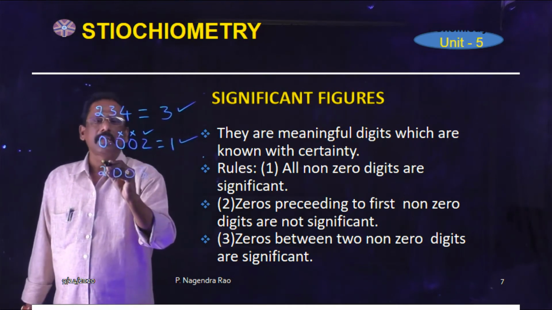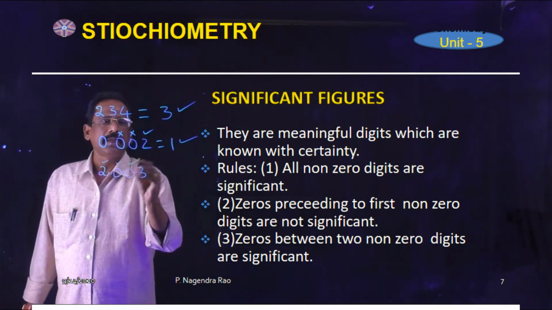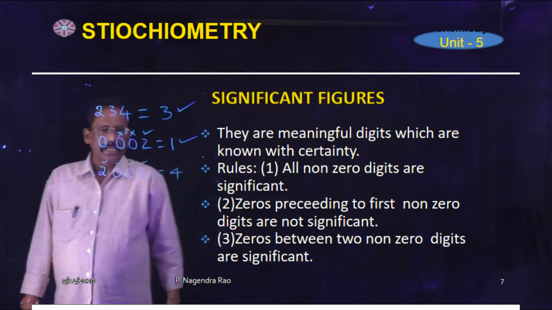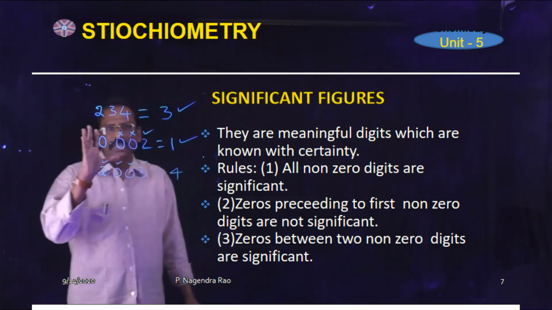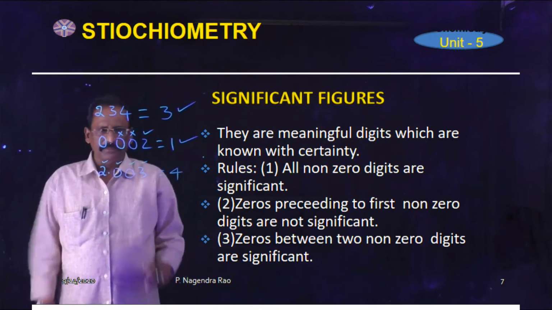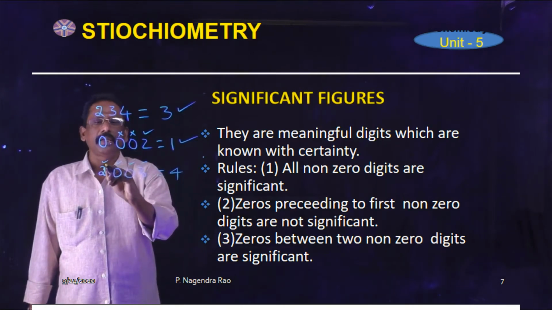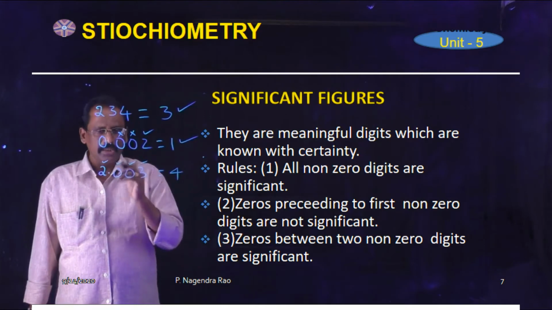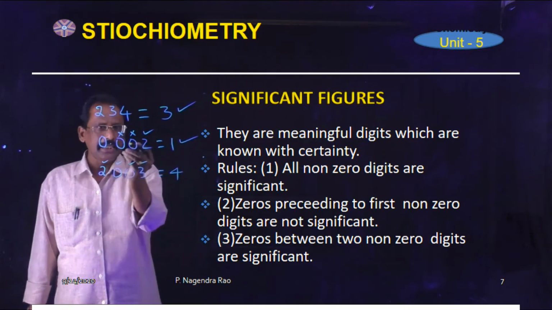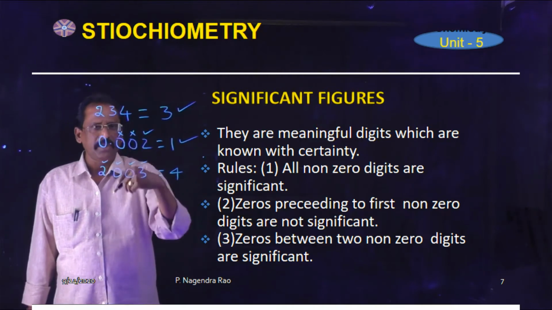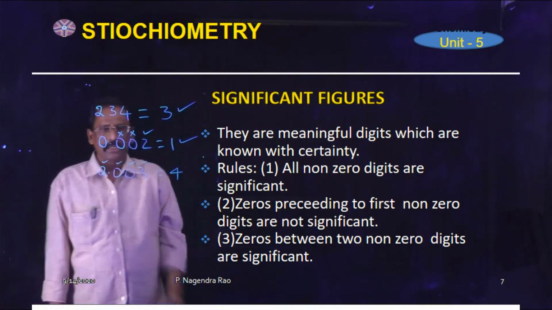So this is 1, 2, 3, 4. So 2.003 has 4 significant figures, because the zeros are present in between the two non-zero digits. That's why they are significant. Here these two zeros are not significant. So that is the difference between the second and third rule.